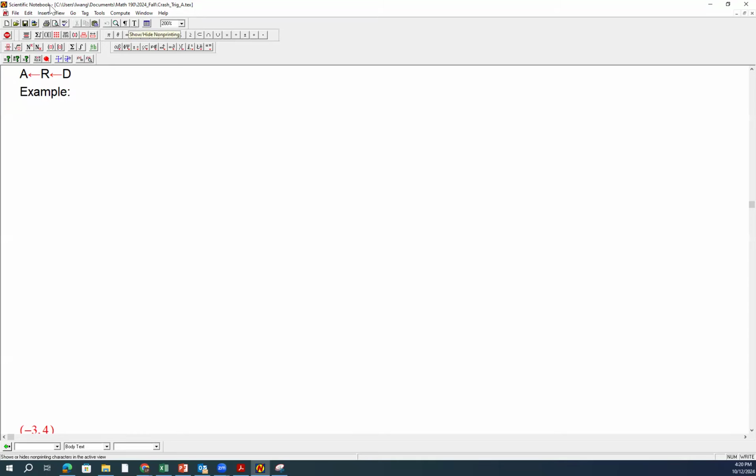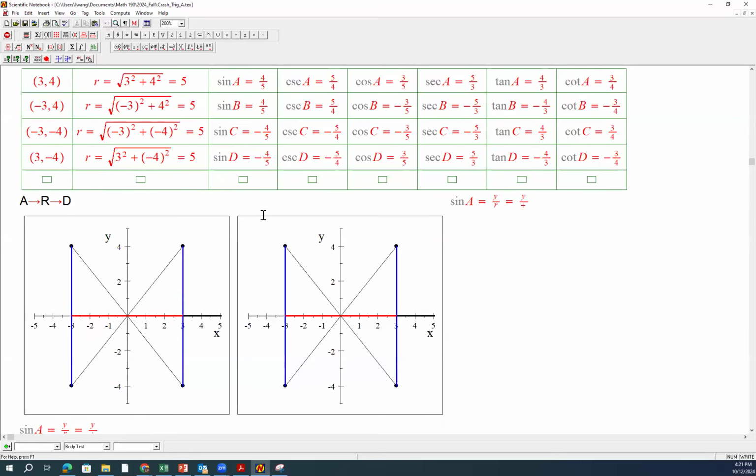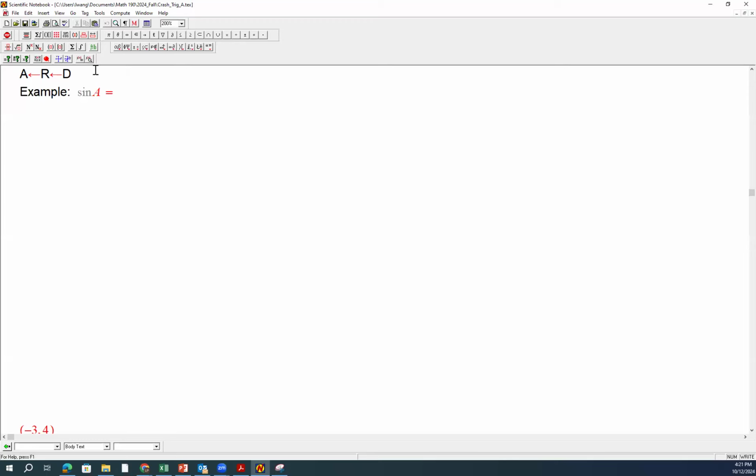Okay? You are given an equation, the sine of A equals, say, 4 over 5. Okay, you can see, instead of giving us a point, we are told the ratio is 4 over 5.